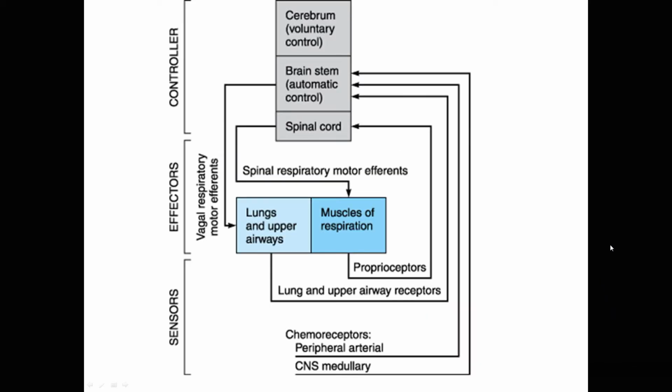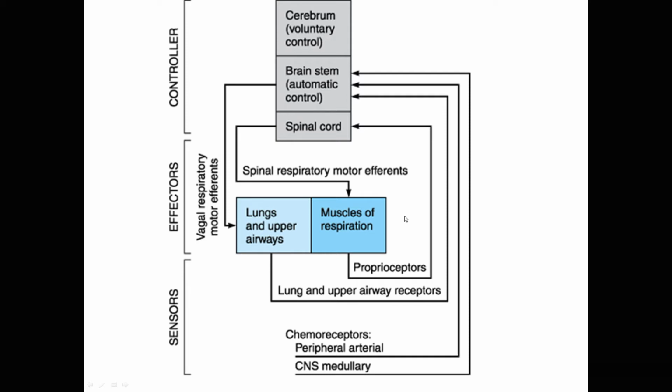Let's now comment on the disturbed control of breathing. This is the scheme presenting schematically the respiratory control system. As we know, the lungs inflate and deflate passively in response to changes in the pleural pressure.